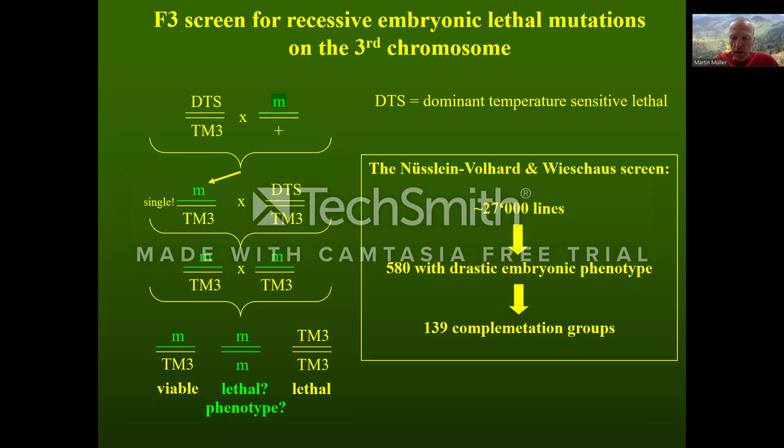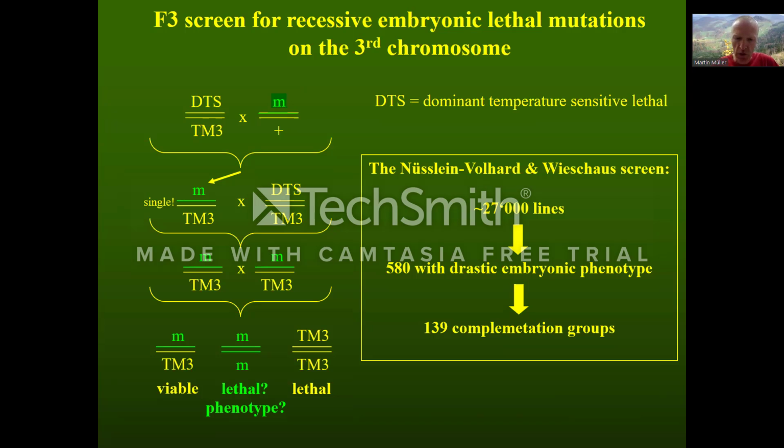So at the end of this week, you should be able to understand what all this information is, what complementation is, how this screen was done in the first place, and we will move on right now because we want to know how they could actually do this screen at all. For example, what is TM3? We will come to that in a minute. It's a balancer chromosome, and we will talk about balancer chromosomes soon.